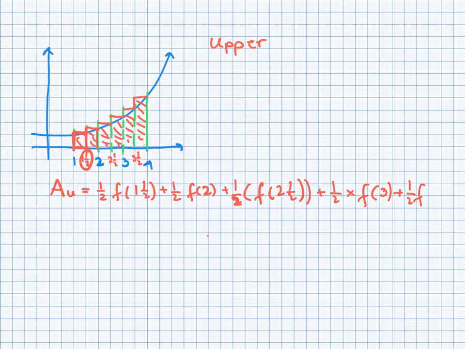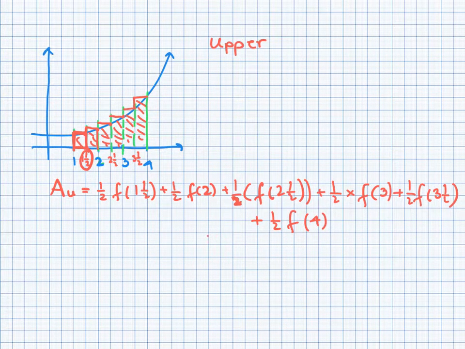I'm still not going to have enough space here, and plus half times f of 4, is that correct? Okay, so the last one between 3.5 and 4, the maximum is when x is equal to 4.